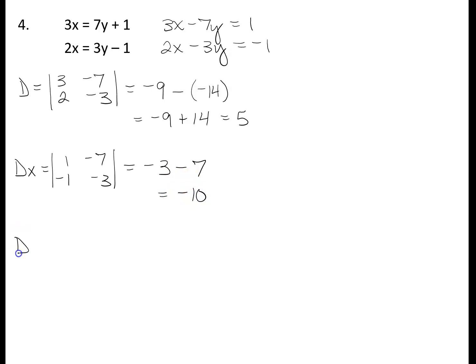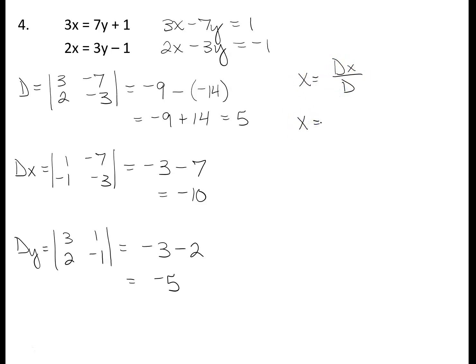So the result of that is negative 10. And then dy. So x is back to 3, 2, and the y column gets the constants, 1, negative 1. Starting in the upper left, 3 times negative 1, then it's a minus sign, and 1 times 2 gives us a negative 5. Now we are ready to find x and y. We'll start with x, and we're going to take dx divided by d.